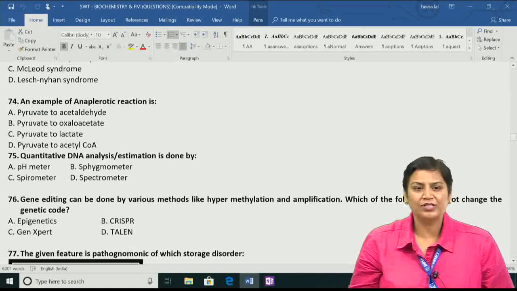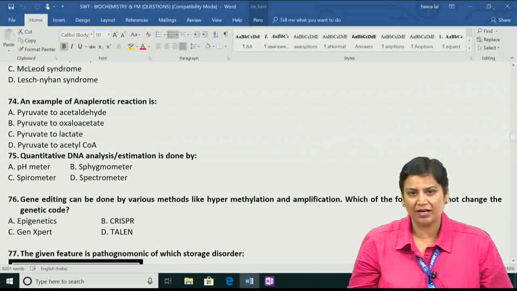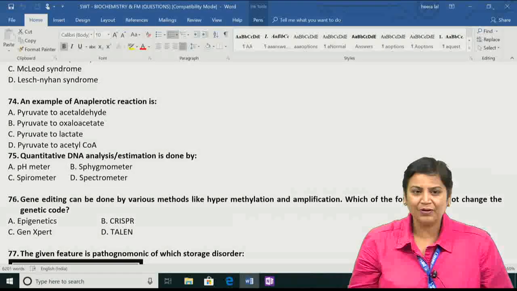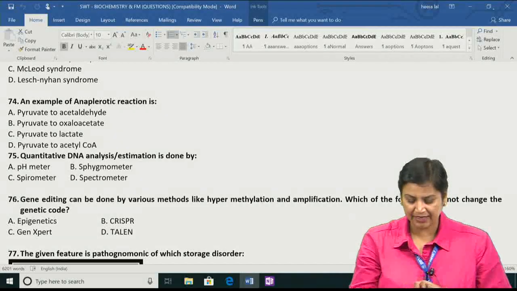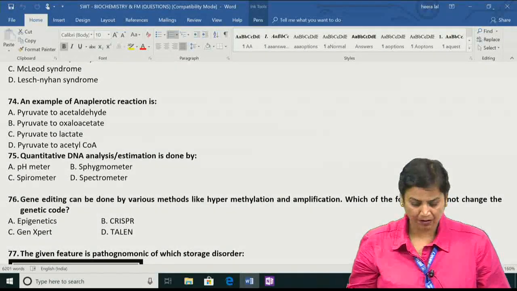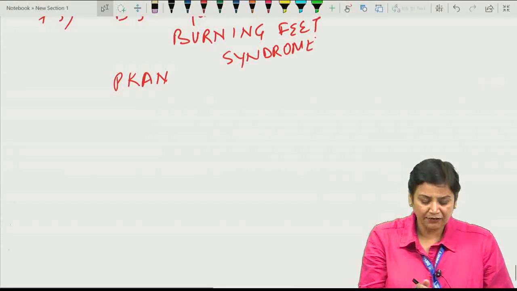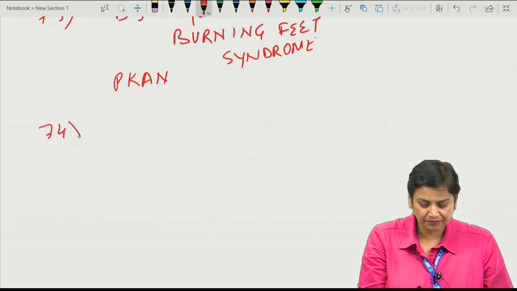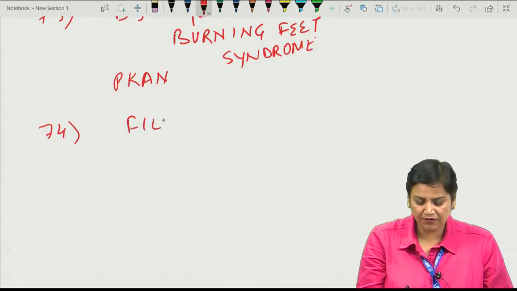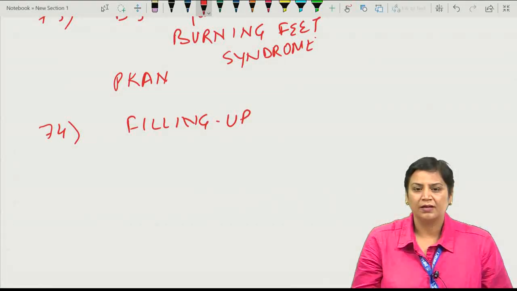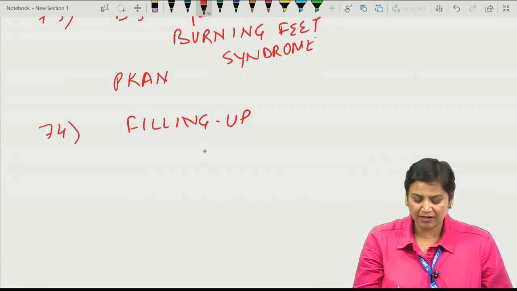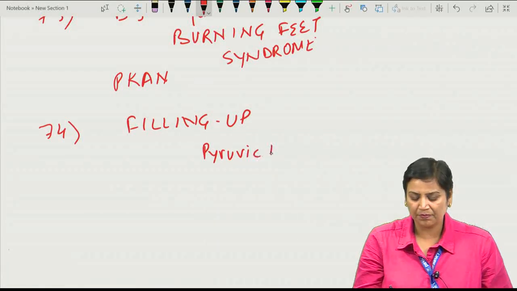The next, question 74: an example of anaplerotic reaction. Now these anaplerotic reactions are basically the filling up reactions. Filling up reactions means, suppose there is a sudden influx of pyruvic acid.